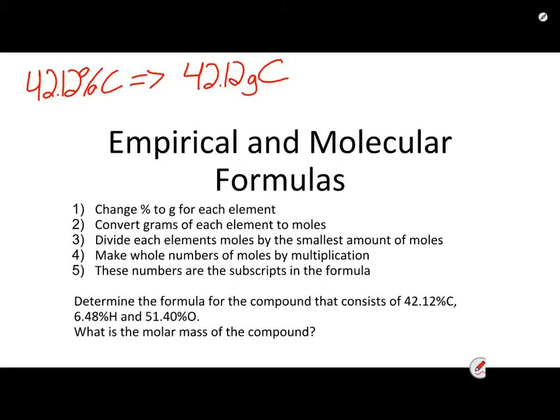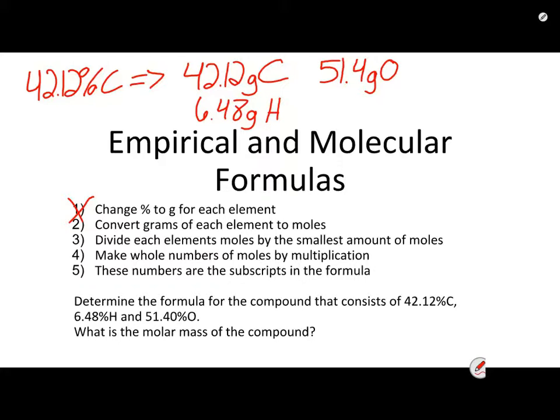So hydrogen, I'm going to have 6.48 grams of hydrogen. And oxygen, I'm going to have 51.4 grams of oxygen. Okay? With me so far? So that takes care of step 1.